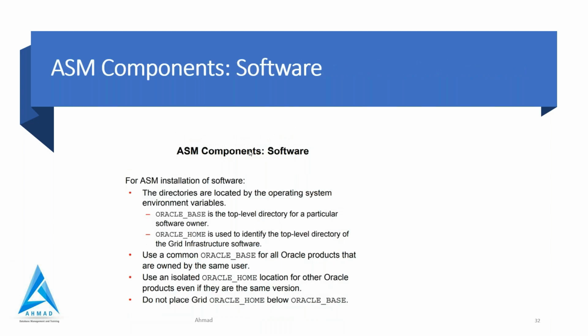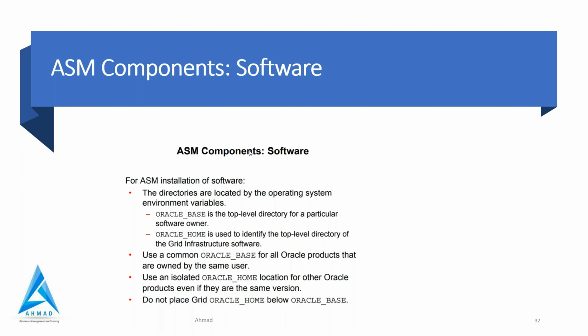So this is the configuration, and now come to what the ASM components are. What components do you require? You are required to create two directories for installation of the Oracle software binaries: the Oracle base and Oracle home directories.